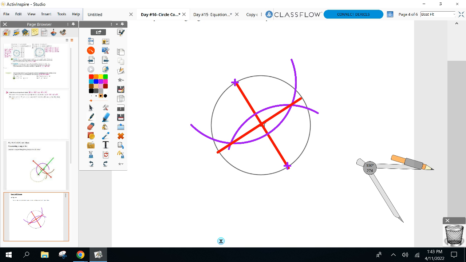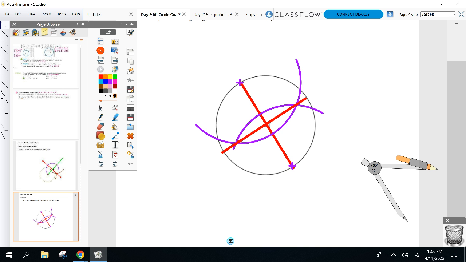Now you have 4 congruent arcs. So if you have 4 congruent arcs, you're about to have 4 congruent chords. Draw them in. Draw in your 4 congruent chords. You got yourself a square.